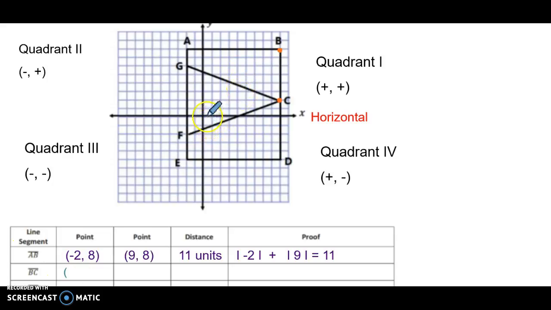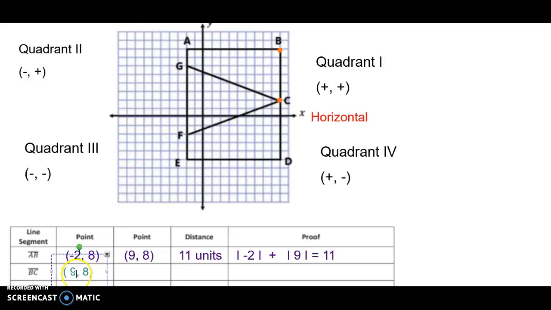When I do that, I can count. I'm doing 1, 2, 3, 4, 5, 6, 7, 8, 9. So my x-coordinate is 9. And then I count up to go over my y. So 1, 2, 3, 4, 5, 6, 7, 8. So my y-coordinate for B is 9, 8.